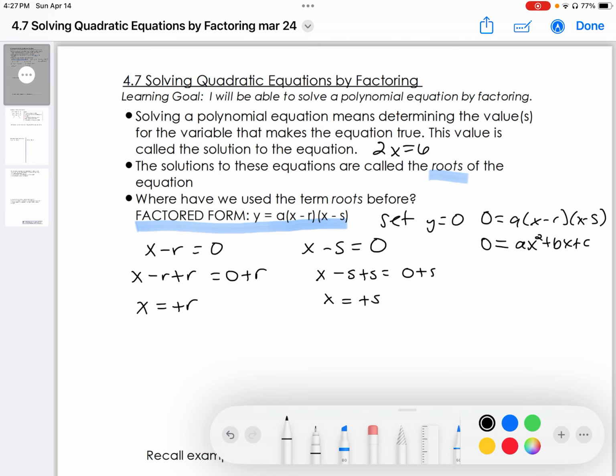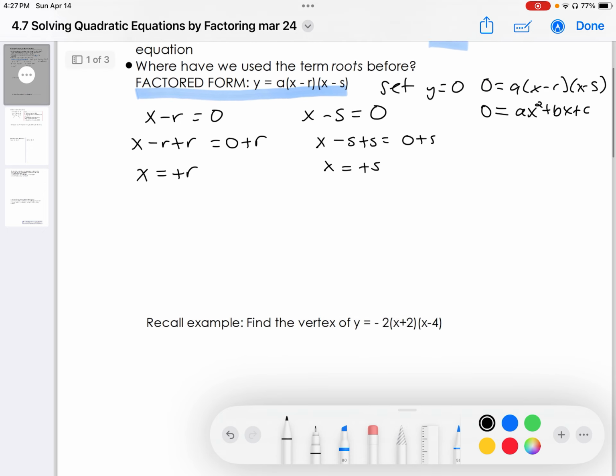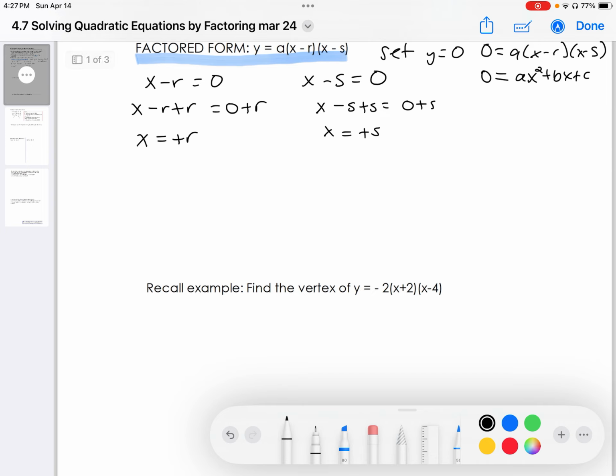And what happened was inside the equation, if it was a negative, it changed to a positive and vice versa. If it was a positive inside the equation, it would have changed to a negative value. And once we had the roots, then you could find the vertex.